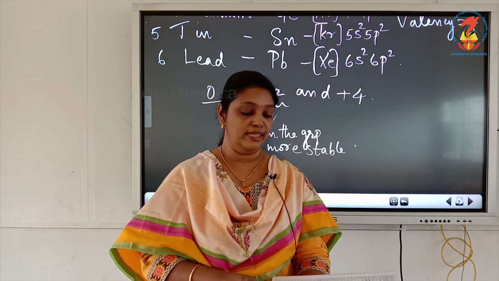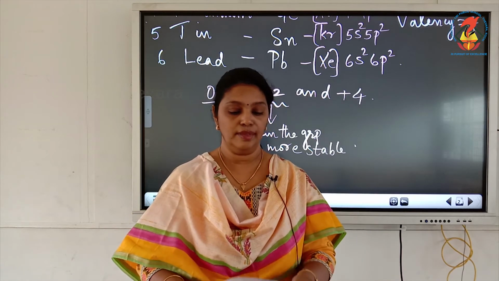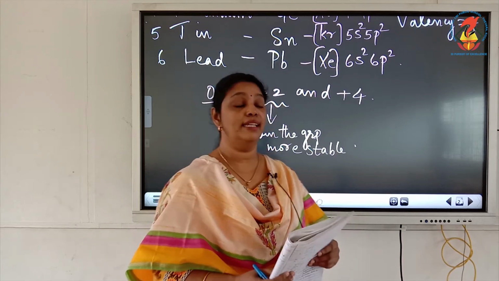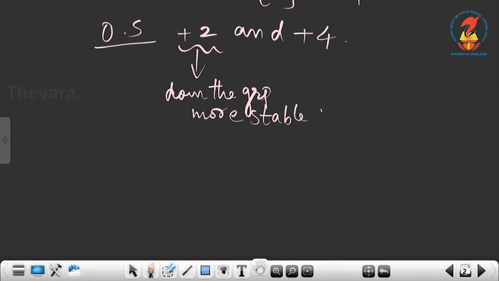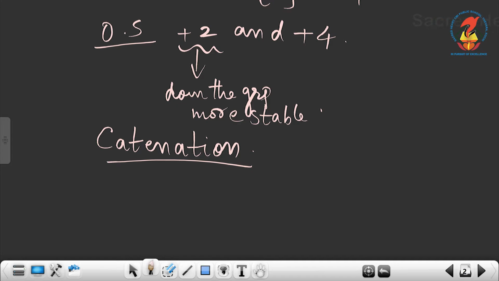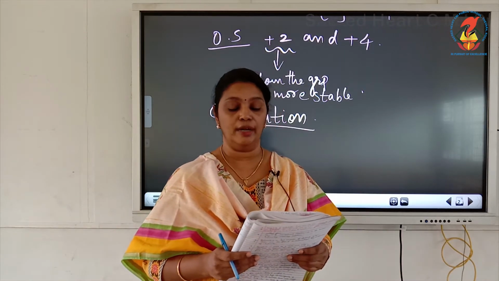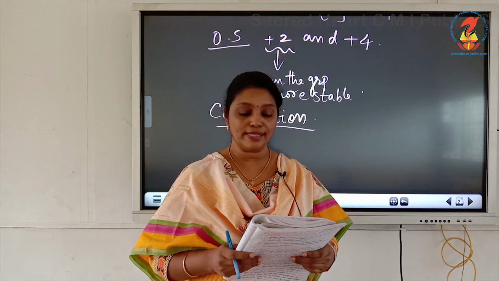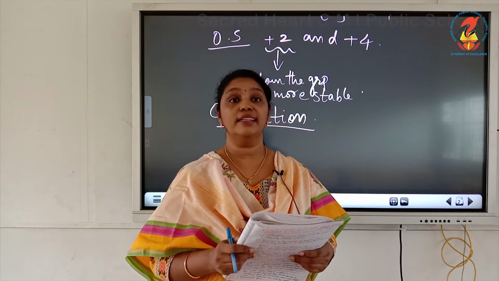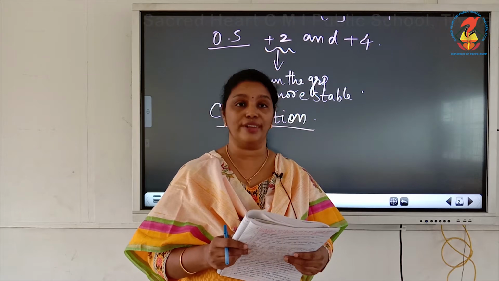Now, next question is, define the term catenation. We have learned in organic chemistry about catenation, especially carbon can show this property. Catenation means the self-linking property of carbon atoms due to small size and high carbon-carbon bond strength.